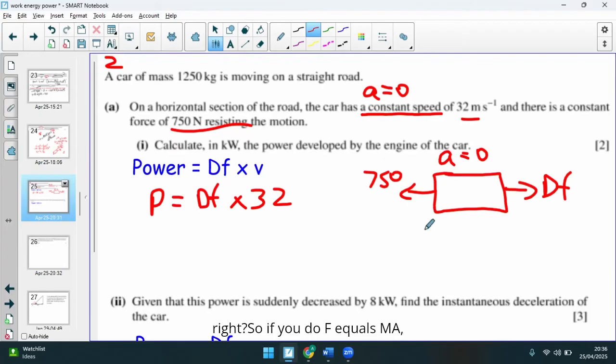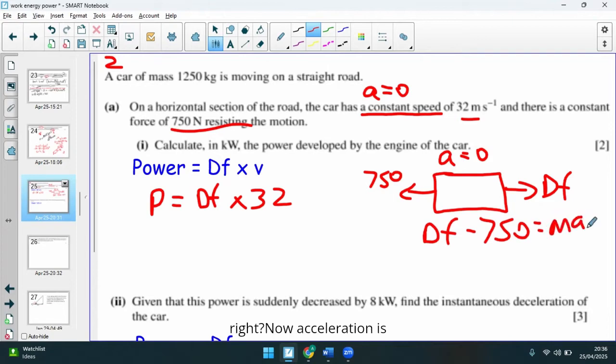If you do F equals ma, right minus left equals ma, now acceleration is 0, so ma just becomes 0, which means the driving force is equal to 750.